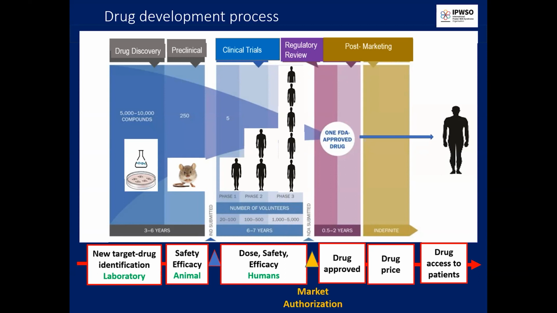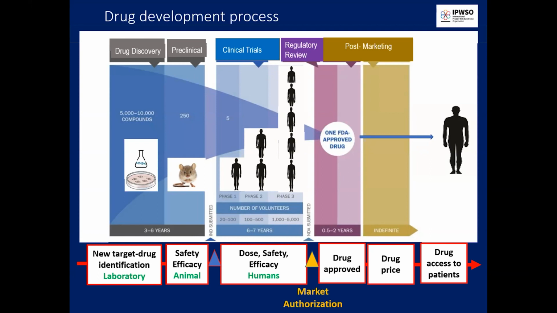And clinical trials are composed of three phases: phase 1, phase 2, and phase 3. The first phase, phase 1 clinical trial, the goal here is to determine what is the dose of the drug that is going to be tested that is safe.